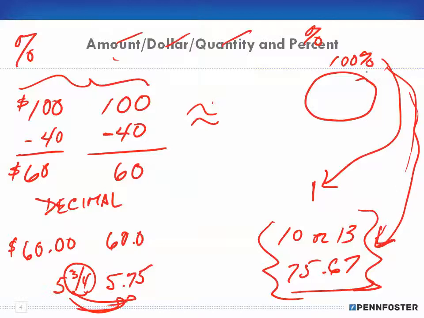So if I think about an item in terms of 100%, then things become a little bit easier, because if I end up having to divide something up into different portions, and notice I'm using that word portions as part of our portion formula. Sorry about that.